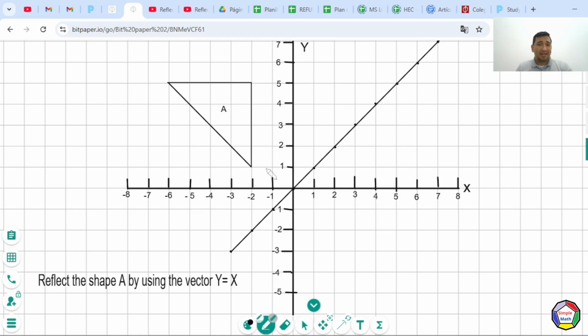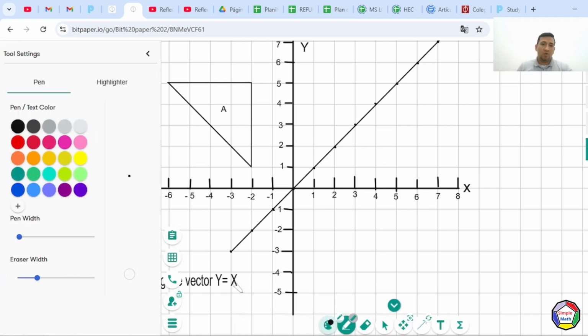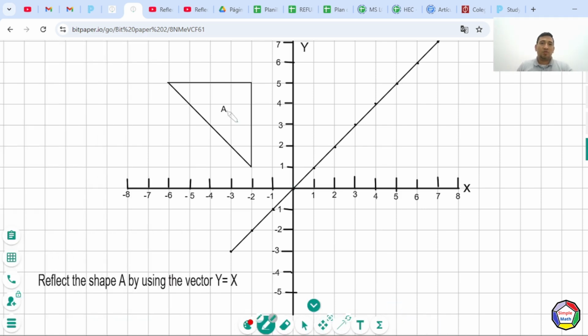Alright, remember that to reflect a shape through a mirror that is a diagonal, we also make diagonals to reflect point by point. For example, let's begin with this point. We have to count the number of little diagonals that exist between each point and the mirror.